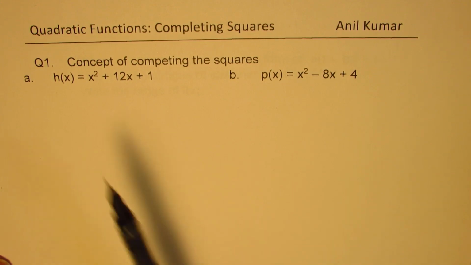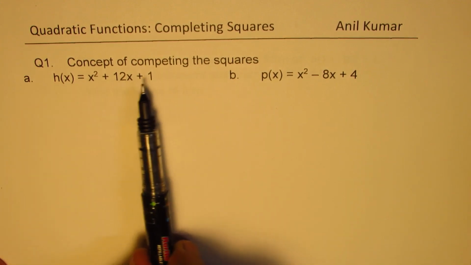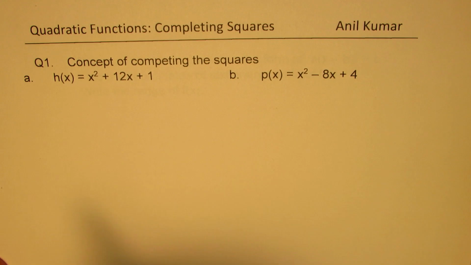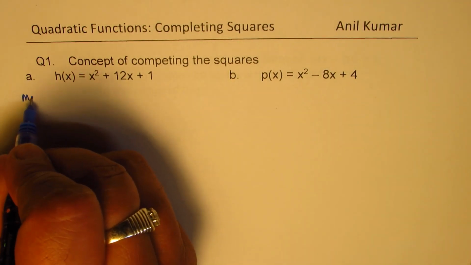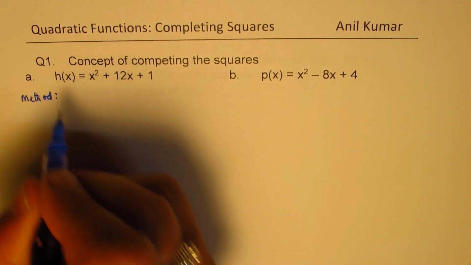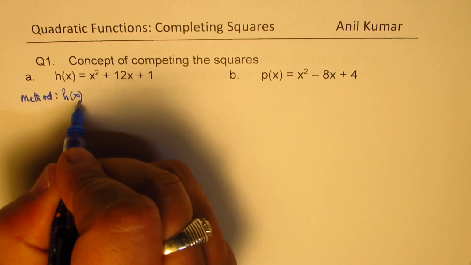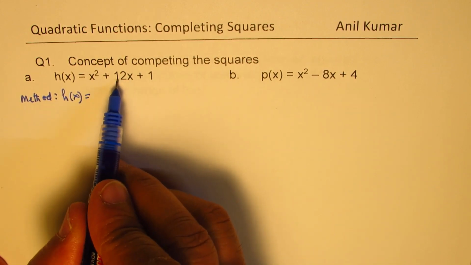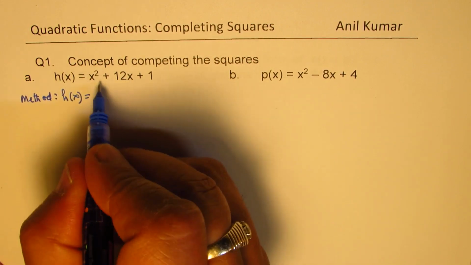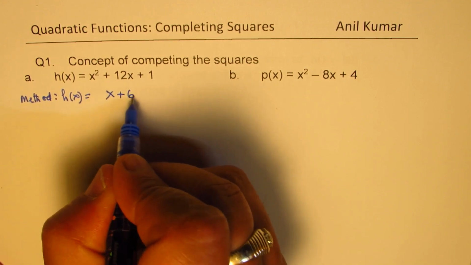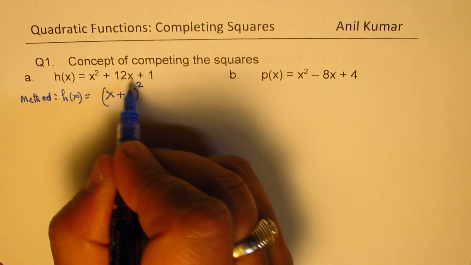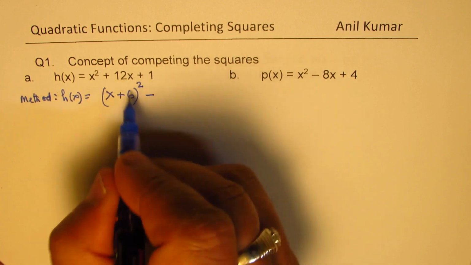So we could adopt the method which we just did to solve these. So we say method 1. Let me do it with two methods now. So method 1 will be h of x equals half of 12 is 6. So we could write this as (x plus 6) whole square, right, minus 6 square, right?